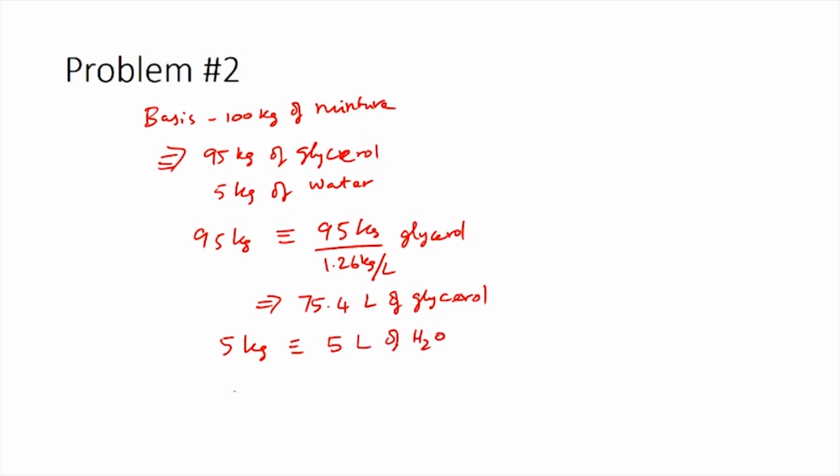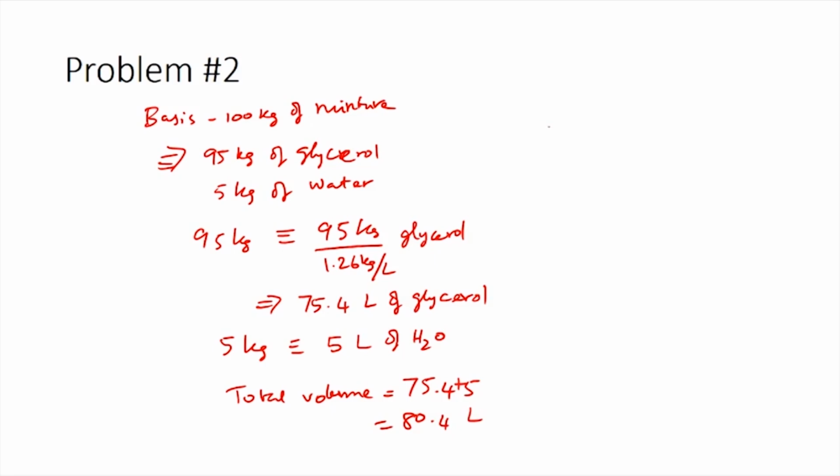So, with this we know that the total volume of the mixture would be 75.4 plus 5, giving you 80.4 liters as the total volume of the 100 kilogram mixture.